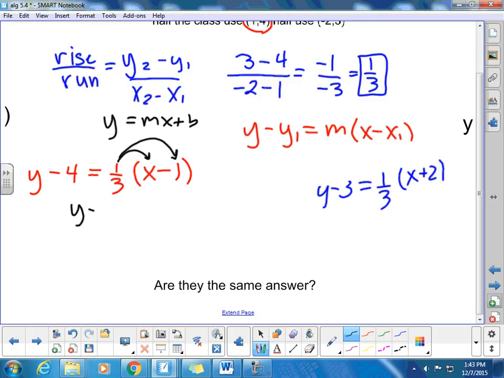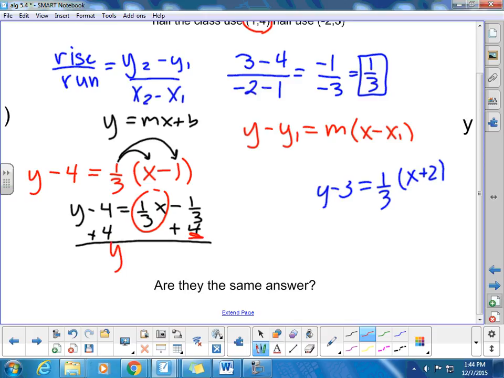So we have y minus 4 equals 1/3 x minus 1/3 times 1 is just 1/3. Then I have to get y by itself, so to do that I'm going to add 4. You add numbers to numbers, so I don't add it to the x here. I don't add it here. I add it here.